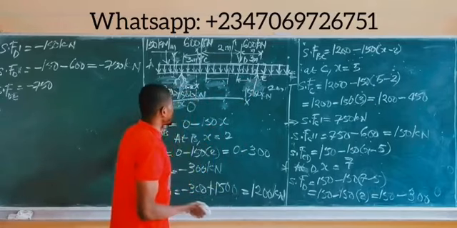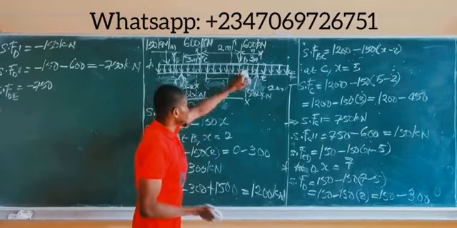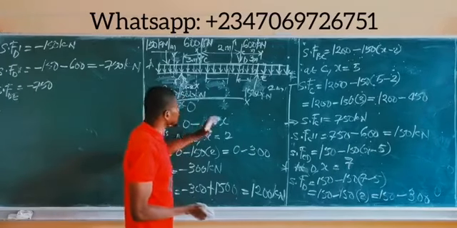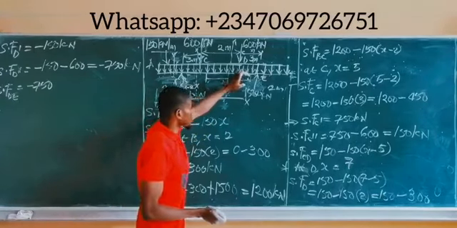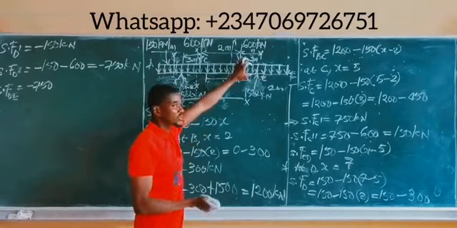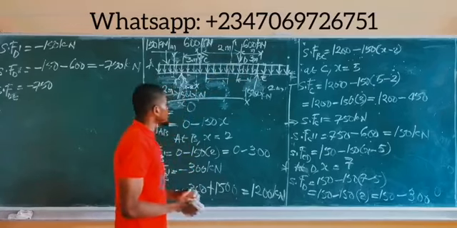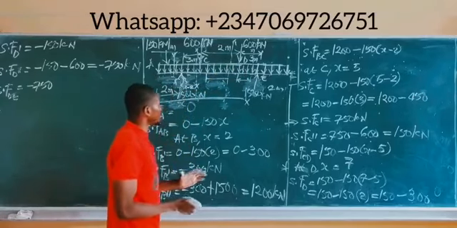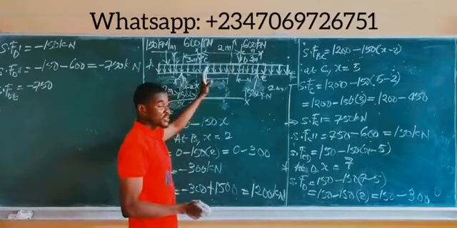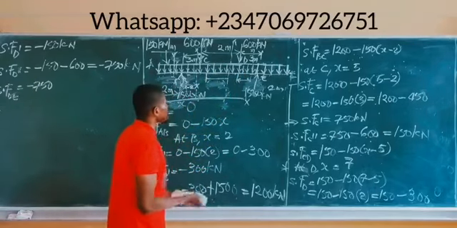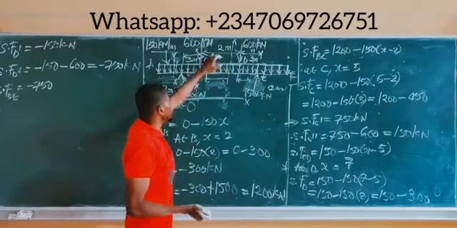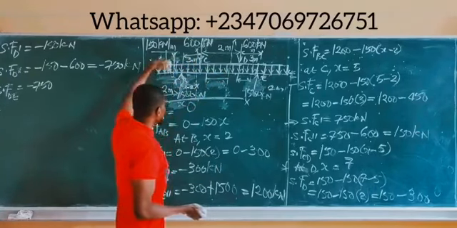If from A to the point of section is x meters, what is now the length from D to the point of section? That gives us the length of the UDL about that point. To get this length, simply take away the other lengths you don't need. Notice that this is 2 meters, this is 3 meters, that's 5, and this is 2 meters, that's 7.